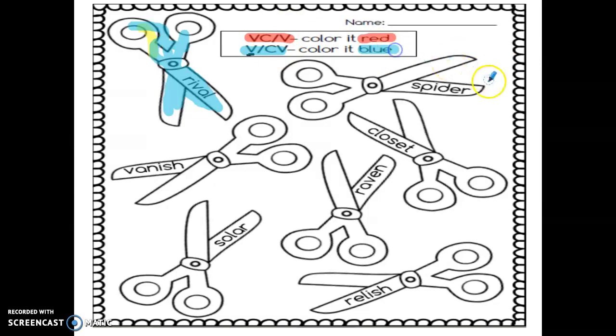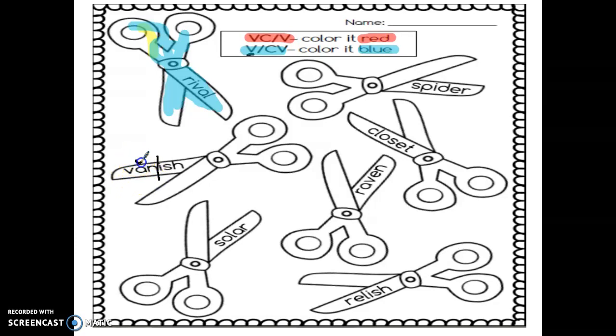Let's look for an example there. How about this one, vanish? When we look at the word vanish, okay, if I try breaking it here and making this the long A, vanish, that's not sounding right. So let's try moving my syllable break after the consonant.